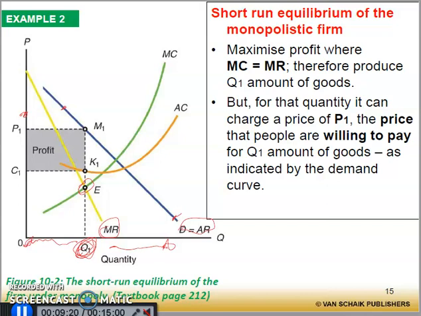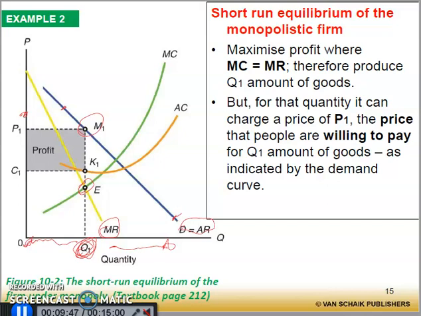So at what price should that output be sold? The answer is quite simple. The monopolist sells its output at the price that consumers are willing to pay for that particular quantity, as indicated by the demand curve. In our figure, point M1 is the relevant point on the demand curve.